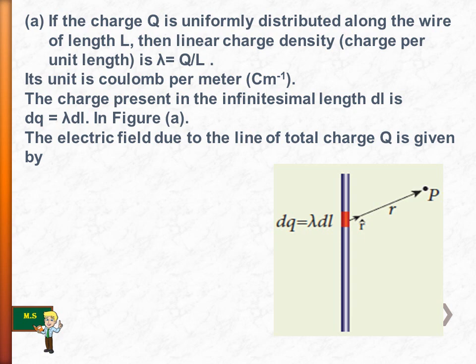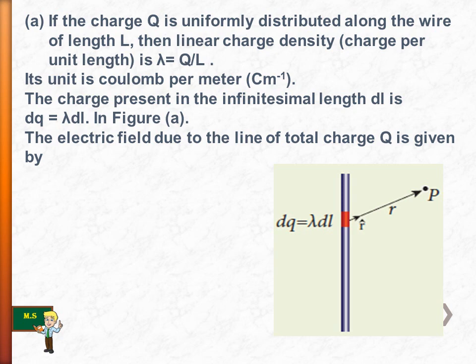Its unit is coulomb per meter, C m minus 1. The charge present in the infinitesimal length dl is what I am explaining to you. This is the midpoint, and this is the point P. This R is the distance between the midpoint of dl and P.